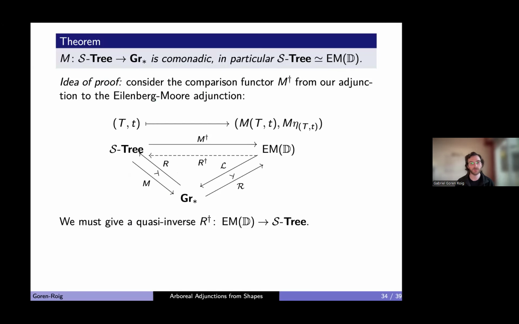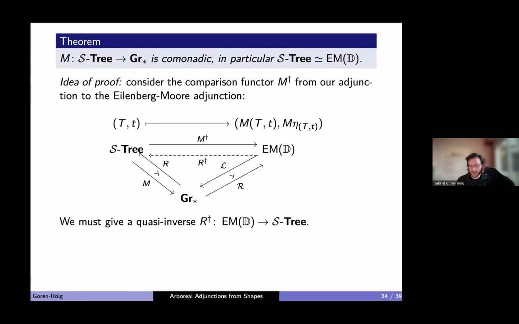And so the idea I want to give you is how you prove this: you look at the comparison functor into the Eilenberg-Moore adjunction from the adjunction that you started with, and you want to give a quasi-inverse to that. So I'm using this dagger to mean that R dagger is the quasi-inverse to the comparison functor.